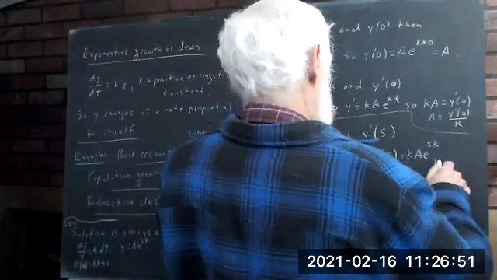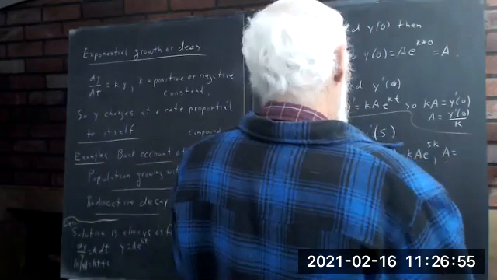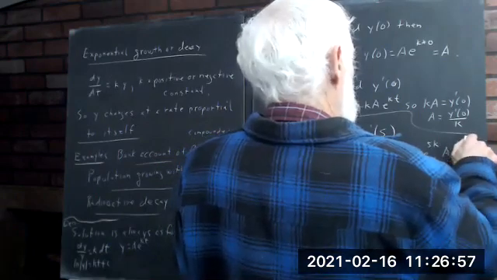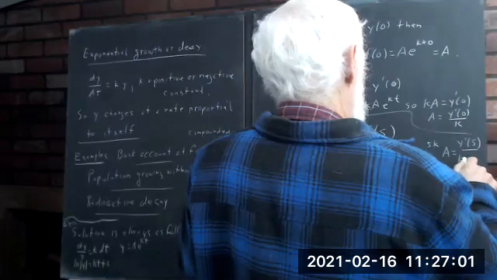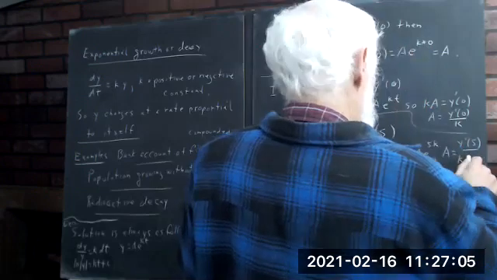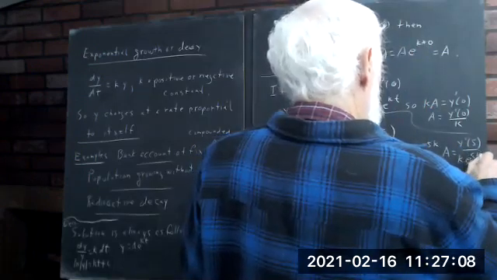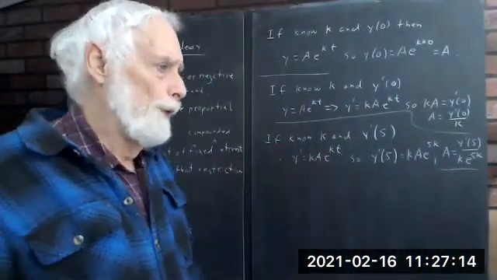And a then ends up being equal to y prime of 5 over k e to the 5k.